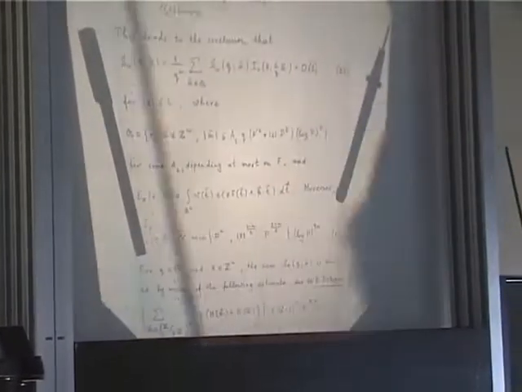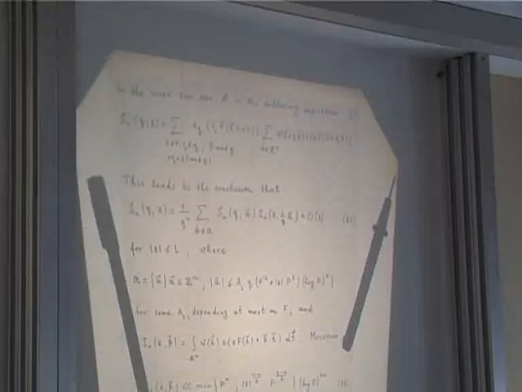Namely, one can rewrite this sum as a double sum as above, and then one has an inner sum over lattice points in Z^n, and to this inner sum one may apply the Poisson summation formula, going over to the Fourier transform of the corresponding function.